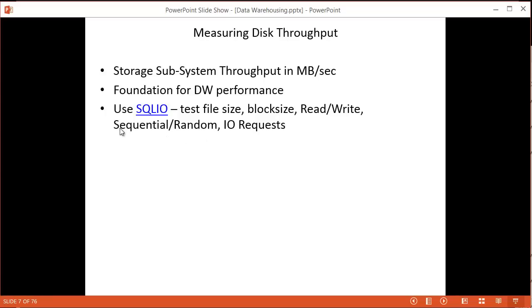And of course for data warehouse scenarios, we care about sequential reads and writes. And then outstanding I/O requests or queue depths. That's just some of the parameters available to you to use in SQL.io, and again I'll cover this in greater detail, and it forms the foundation of the performance of your data warehouse.